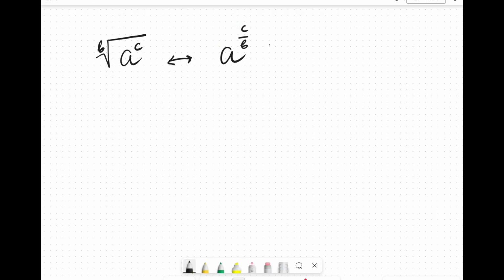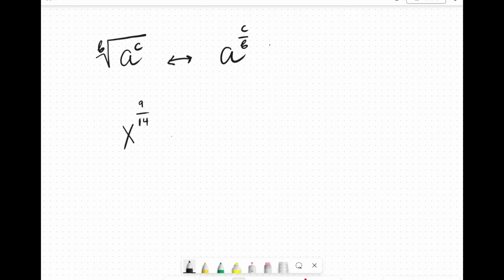For example, an x that has the power of 9 over 14, so 9 here would be your c, and 14 here would be your b, you can write this expression using the root.